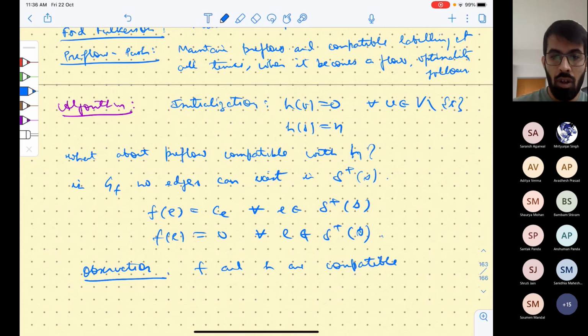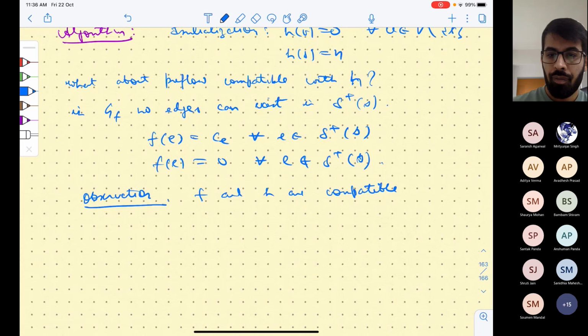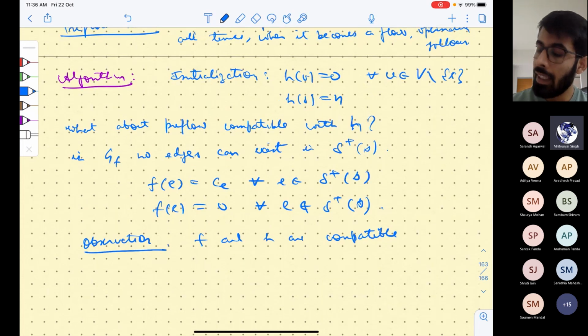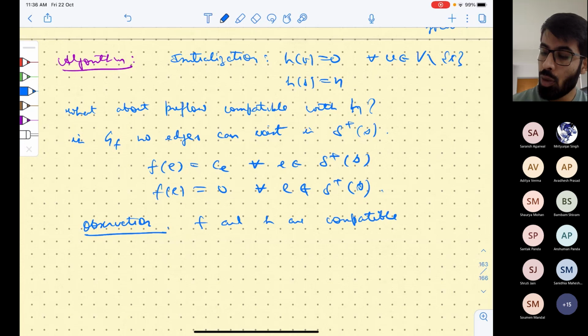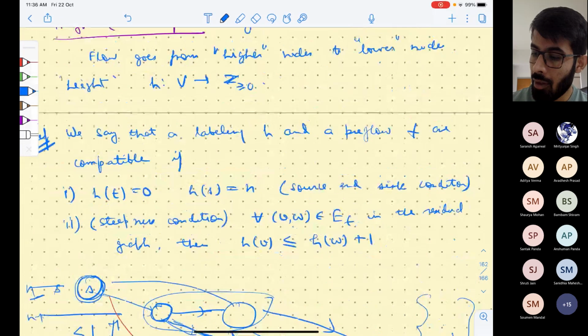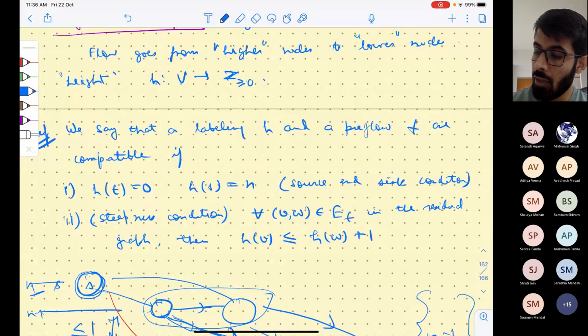Okay, good. So what now about back edges? You can think about it. Back edges between any other vertices are also fine, right? And what does the condition say? The condition says that if there is an edge VW, then V's labeling should be less than or equal to HW plus 1, right?